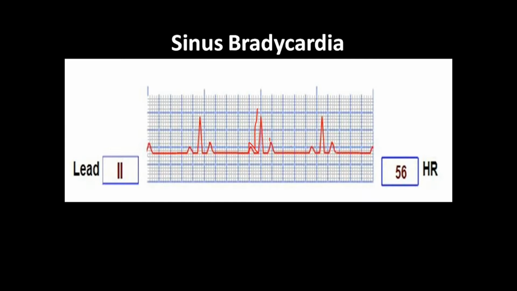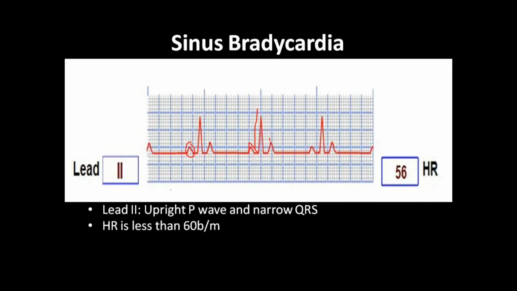This pattern is repeating, and the heart rate is lesser than 80, here 56 beats per minute. The P wave is always upright in lead 2, and the QRS complex is narrow as usual in a sinus rhythm. The heart rate will be lesser than 60 beats per minute.